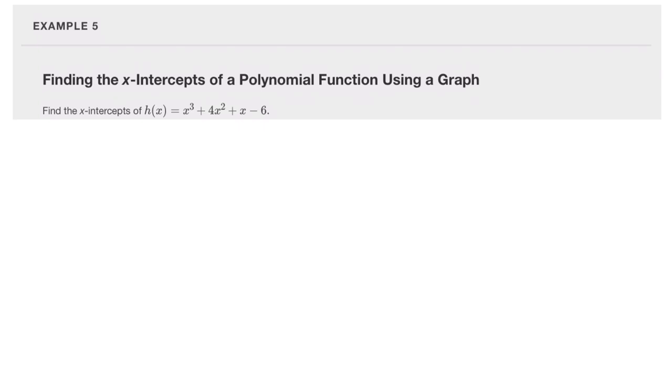Let's see. So find the x-intercepts. We're going to set the function equal to 0 and solve. We have h of x equals x cubed plus 4x squared plus x minus 6 equal to 0. Okay. Can we regroup it? 2 and 3.